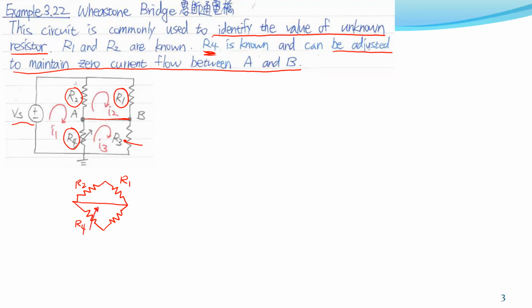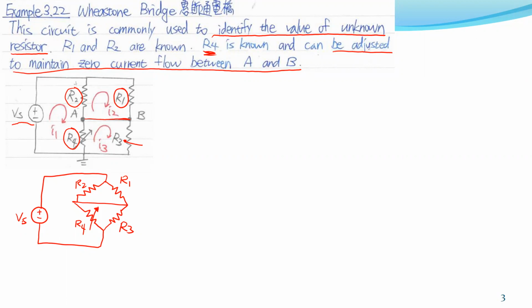This arrow means R4 can be adjusted, and R3 is the unknown resistor connected to a voltage source. Some people draw the Wheatstone bridge as the shape of a diamond.